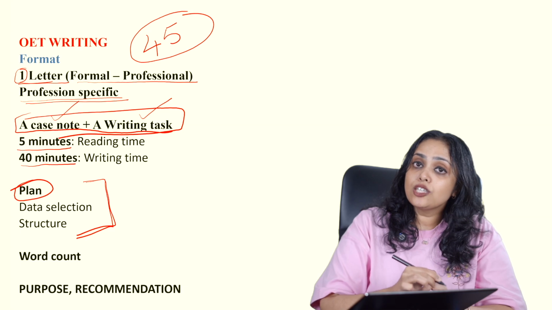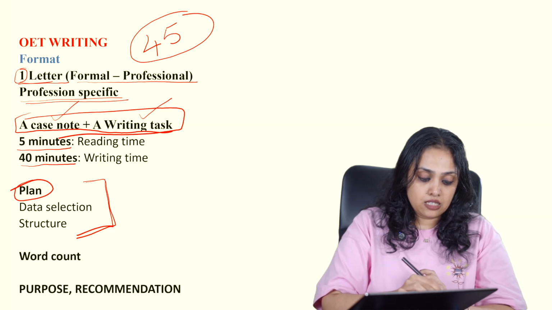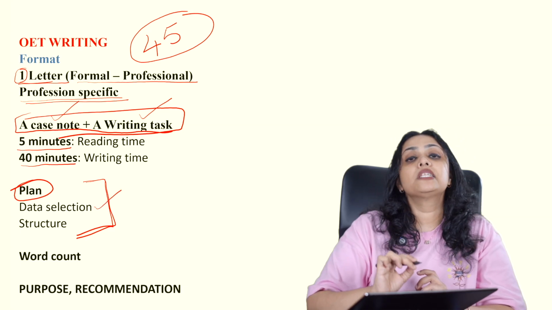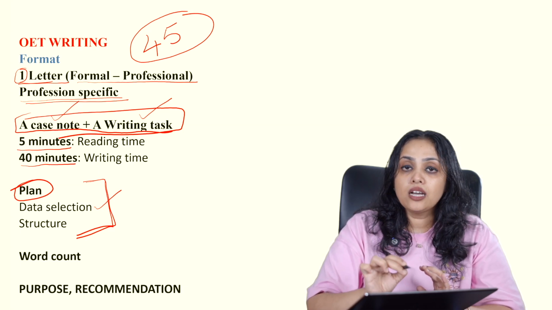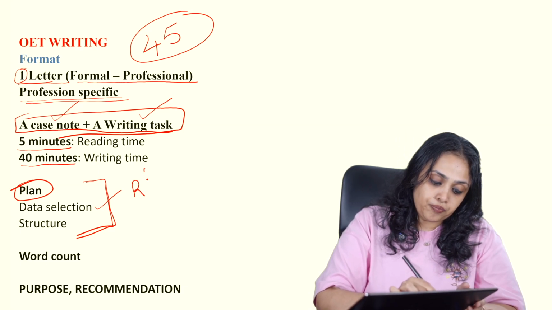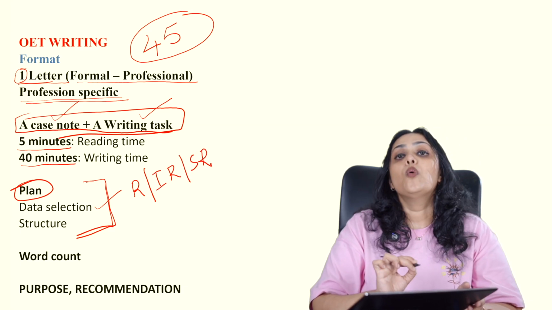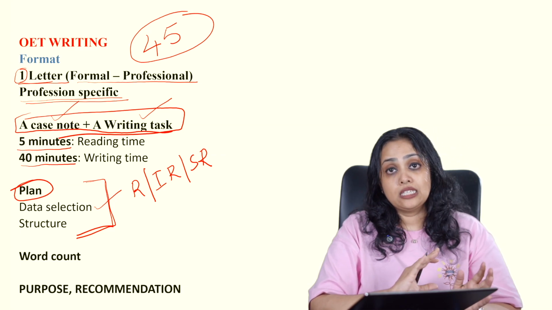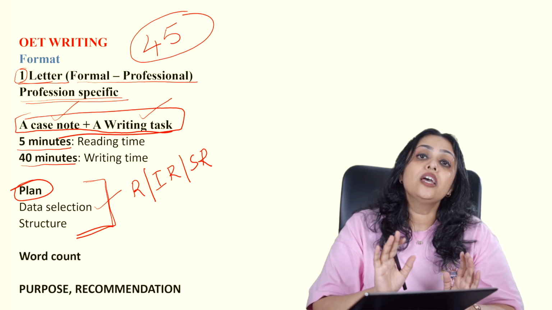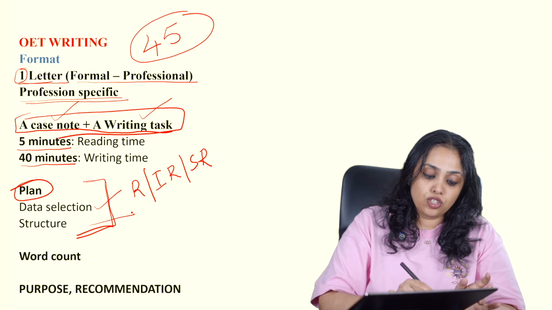So what are the things that you should be doing as a part of planning? The first thing is that you have to explicitly do the data selection. Take out the pencil and clearly mark the relevant, irrelevant and semi-relevant information. Once you know what all details are to be included in the letter, what all details are to be omitted from the case note, then you have to decide the structure.